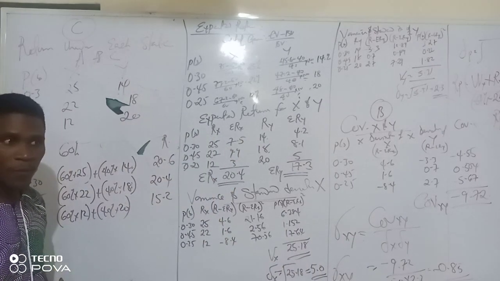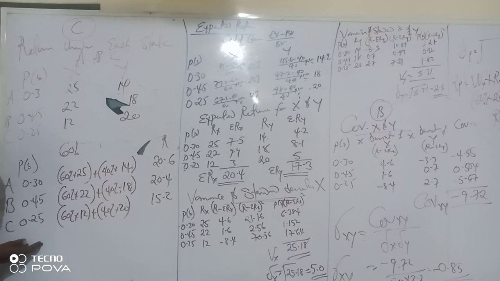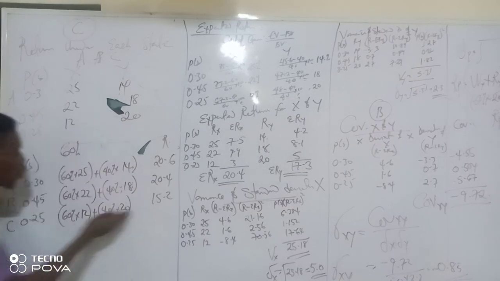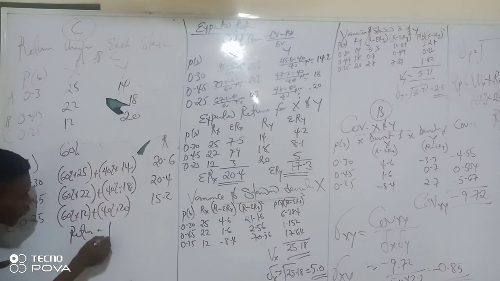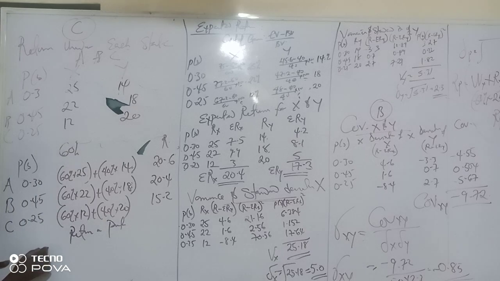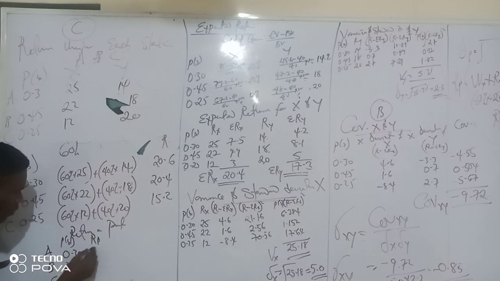Now, since you have the probabilities and the returns that you expect, your return on portfolio would be for states A, B, and C. The probabilities are 0.30, 0.45, 0.25, and then the return on portfolio for each state is 20.6, 20.4, 15.2.